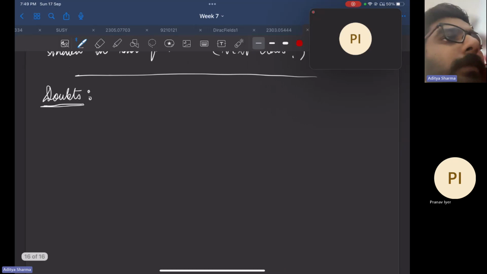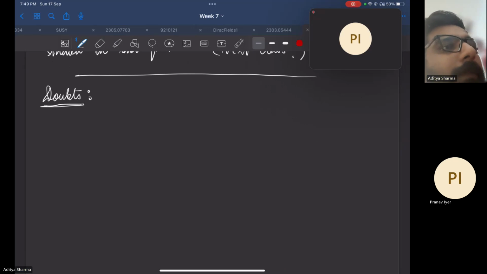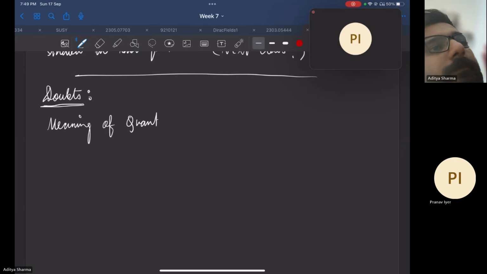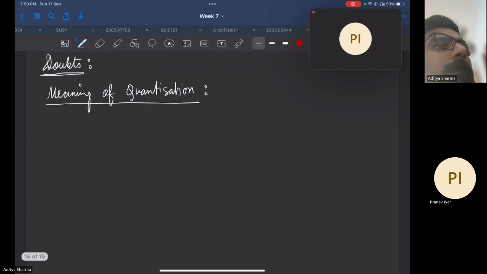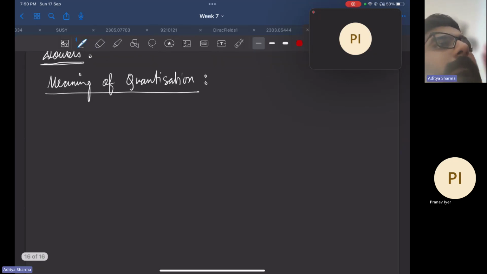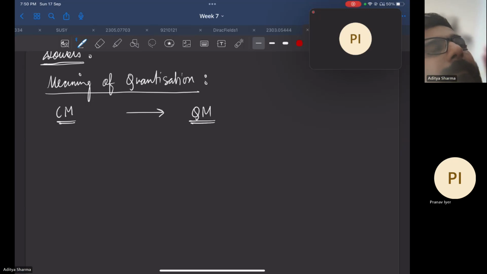So what is the meaning of quantization? You have classical mechanics. How do you go to quantum mechanics from classical mechanics? Do you know the answer?